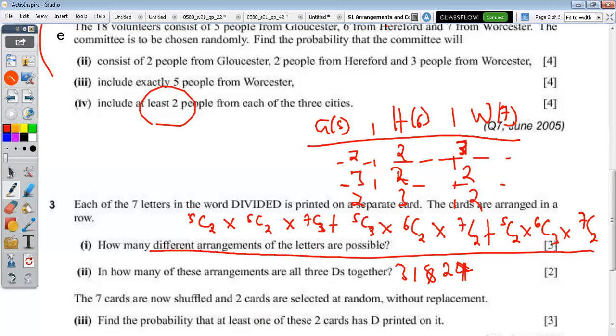Then we're going plus the second line, which is 3 from 5 times 2 from 6 times 2 from 7, and then plus again. So you basically have to use all 3 lines.